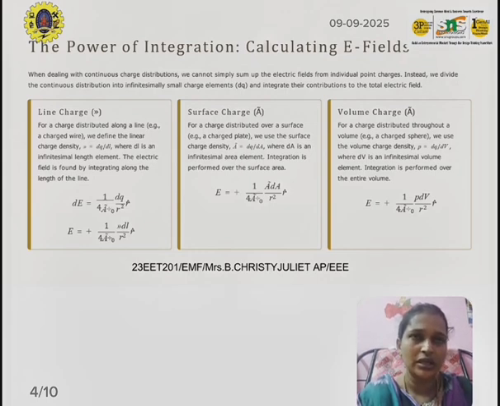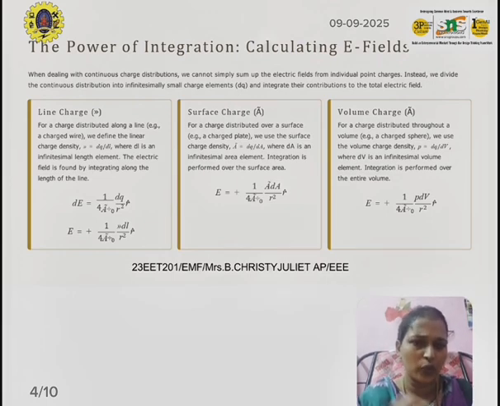So here E can be represented as F by Q, but here the Q is nothing but the charge density. We already know for line charge the charge density is rho L, for surface charge the charge density is rho S, and for volume charge it is rho V. So we have to replace this value in the electric field equation.